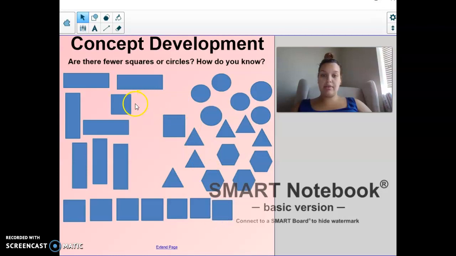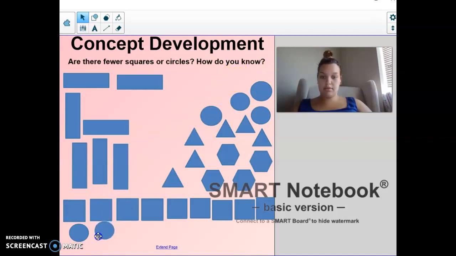As I'm dragging down the squares, you can count them. Remember that little square's over there. Now can you start counting the circles for me?